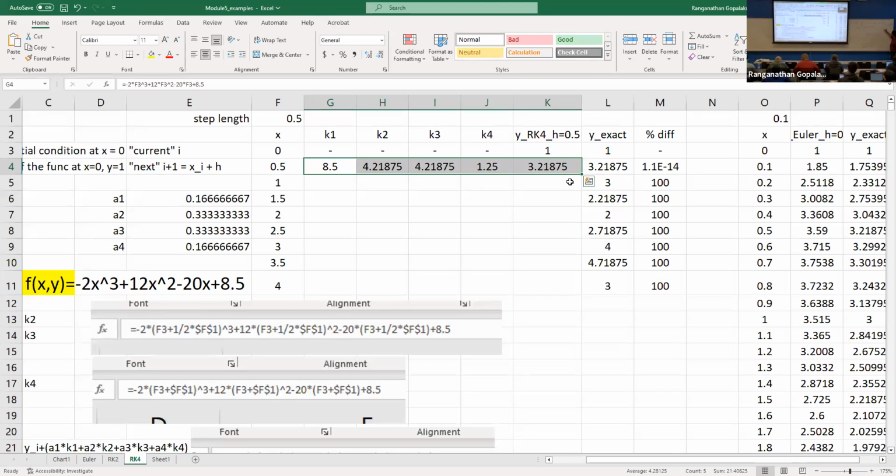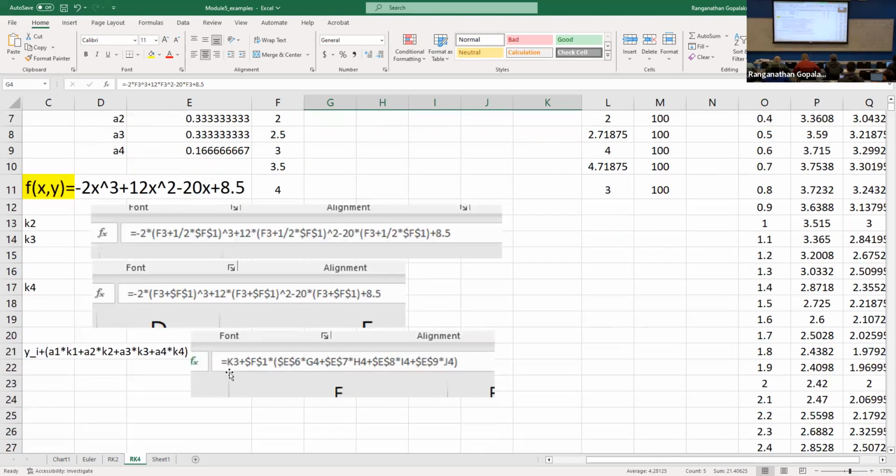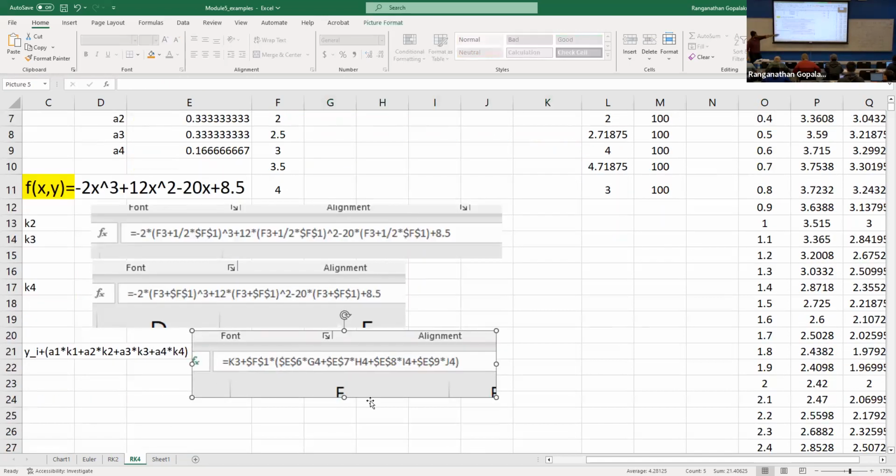Slope multiplied by h gives me the increment, right? So I forgot to write the h. So if you see here, in this bottom picture, h is cell F1 multiplied by the summation.